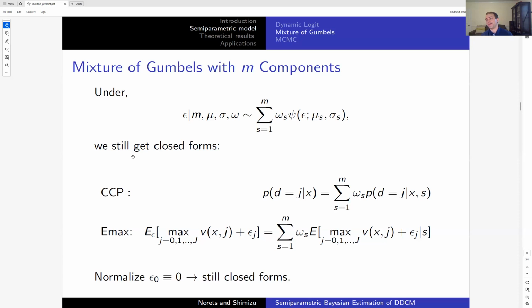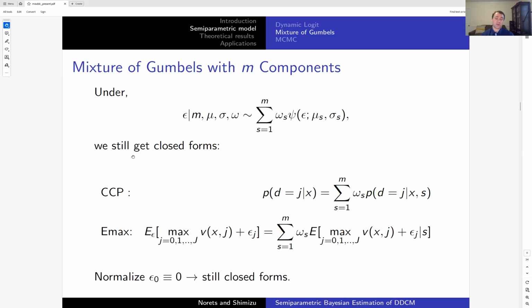Because the choice depends only on the difference between epsilons. We are comparing the value of alternative 1 plus epsilon 1 to the value of alternative 2 plus epsilon 2, so it always depends on some kind of delta epsilons. Hence we can just renormalize and fix one of the epsilons to 0.